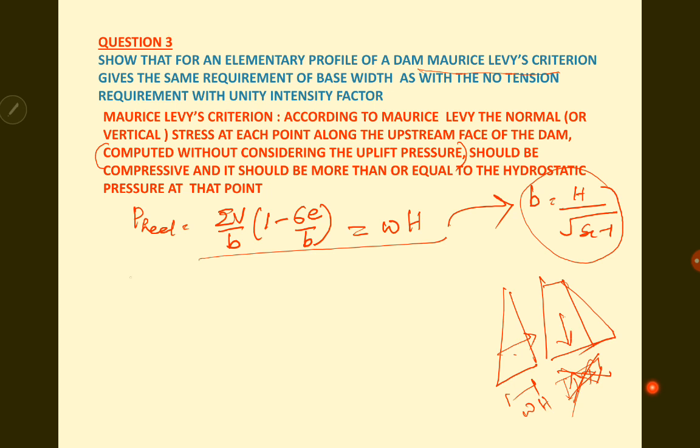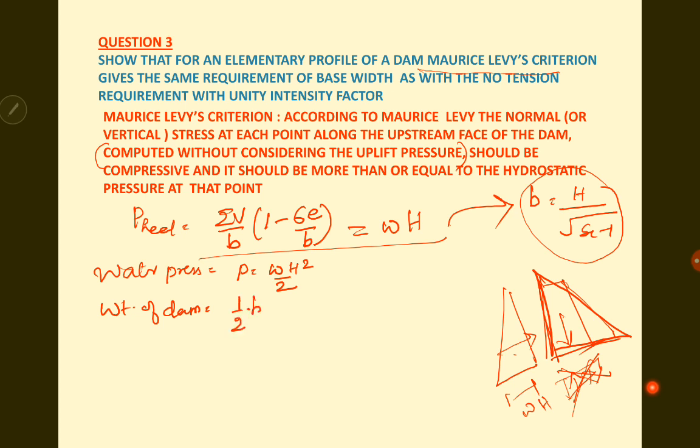What would be the value of the water pressure? Water pressure will be P equal to WH square by 2, right? It's the area of the pressure distribution diagram. What is the weight of the dam? You know that the elementary profile of a dam is a right angle triangle. So the area will be half into base into height, and the weight is area into unit weight.